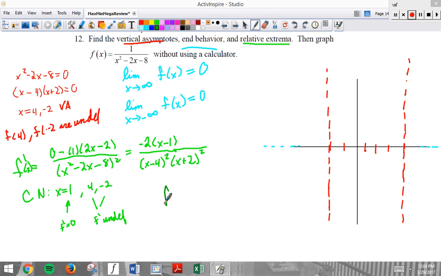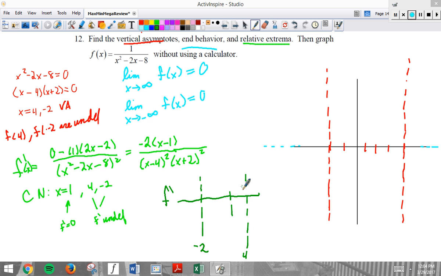So let's make an f prime number line. Now because they're asymptotes, because the parent graph was undefined there, I'm going to label negative 2 and 4 as asymptotes on here, with 1 in between.